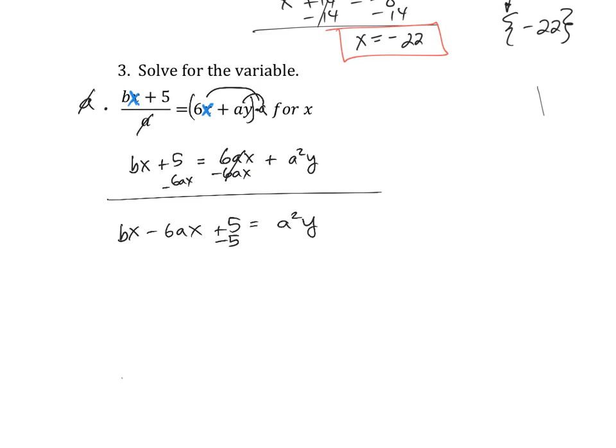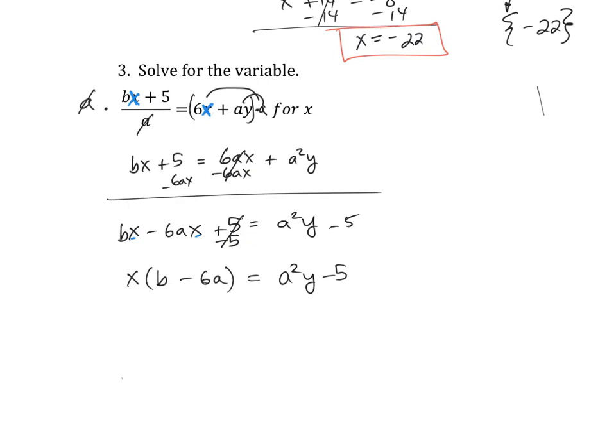And then we get anything else over to the other side of the equation. So then it looks like I can factor out an x here, and I'm left with b minus 6a is equal to a squared y minus 5.